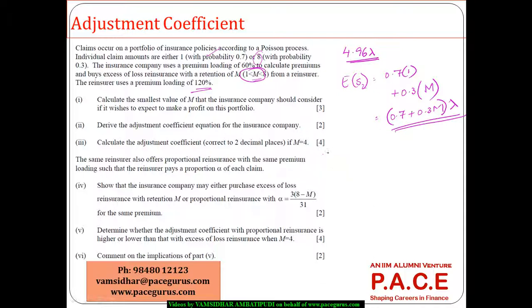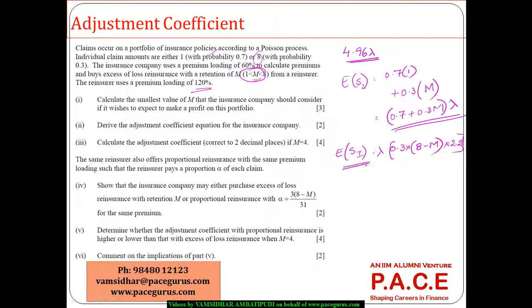And from the reinsurer's perspective, there is a 30% chance that he is making a claim payout, and the payout is always 8 minus M, because 8 is the loss that can occur and M is the retention limit. On top of it, the reinsurer is charging 120%, which means I am multiplying by 2.2. This is for one single claim, so I am multiplying it with lambda.